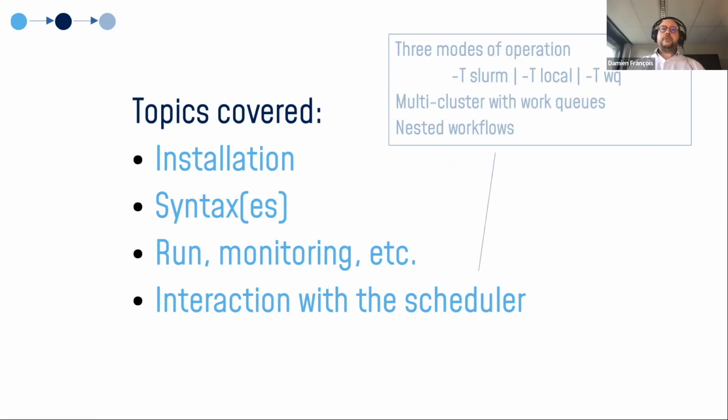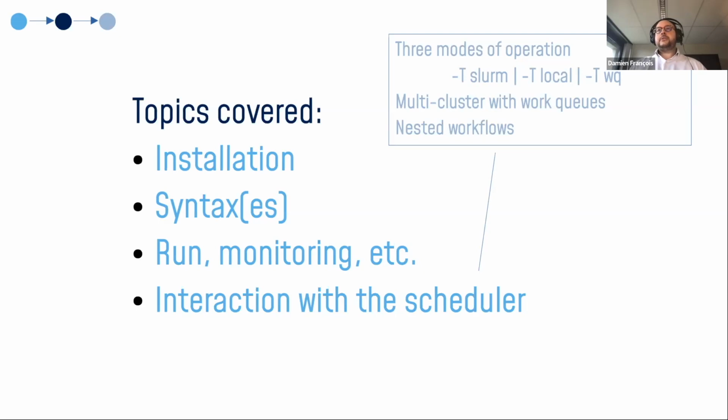I also mentioned there are three ways that Makeflow can interact with the scheduler, with -T slurm, where Makeflow will submit jobs to the scheduler, and -T local, where you will actually start Makeflow inside of a submission script, so inside of an allocation.